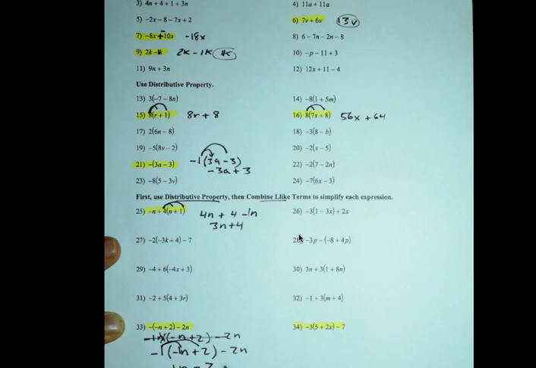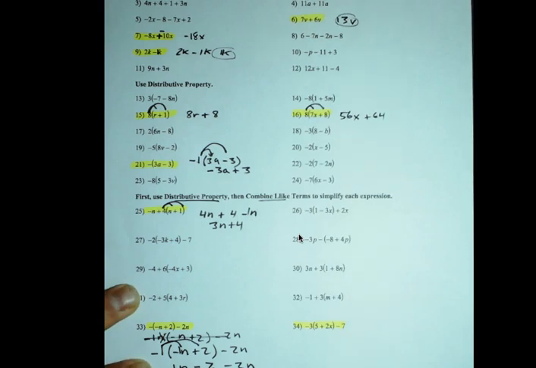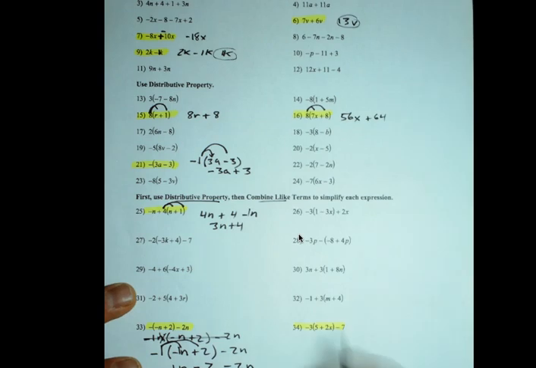Now I also have this minus 2n here. So I've got a positive 1n, and I got a minus 2n. So if I combine these guys here together, I really have a minus n, or minus 1n, and I have minus 2. Okay?